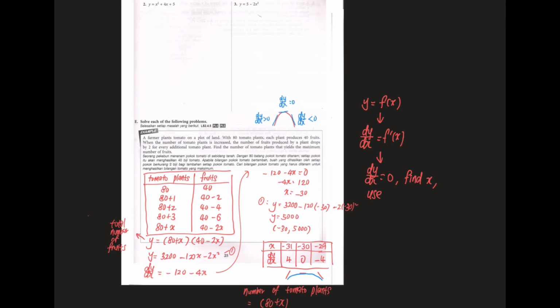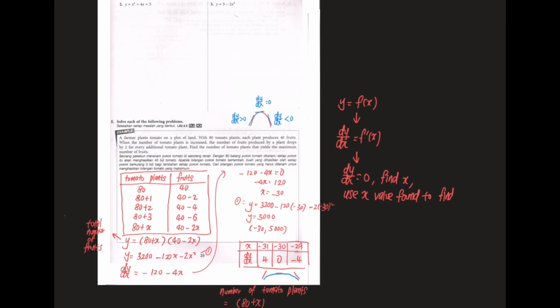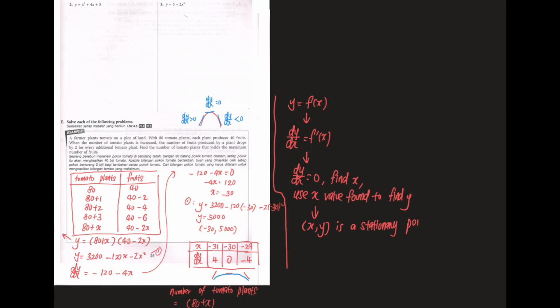After that, you use the x value found to find y, and you get the stationary point. The (x, y) is a stationary point.